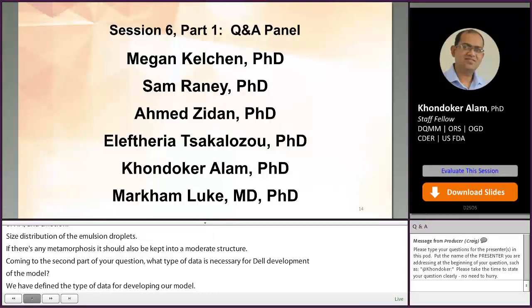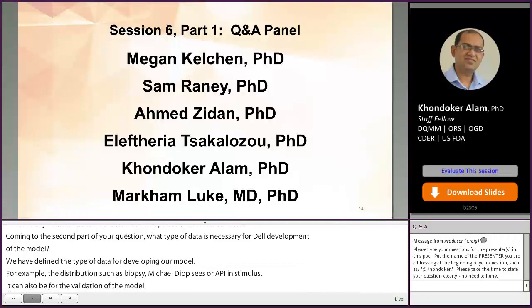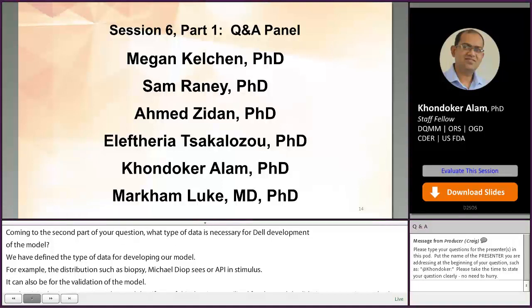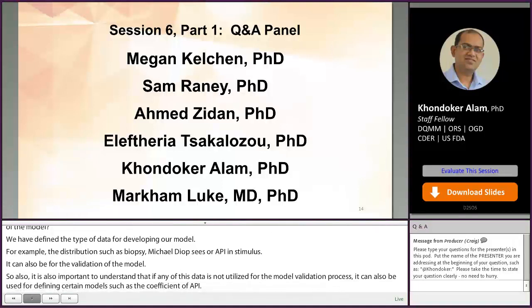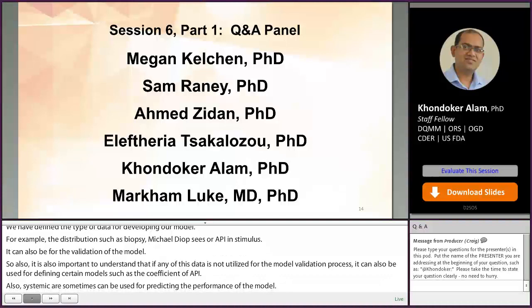It is also important to understand that if any of this data is not utilized for the model validation process, this data can also be used for defining certain model parameters such as partition or diffusion coefficient of API. And also systemic PK data sometimes can be used for validating the predictive performance of the PBPK model. So it is important that experimental conditions are also adequately captured in our model while validating the predictive performance of the model.